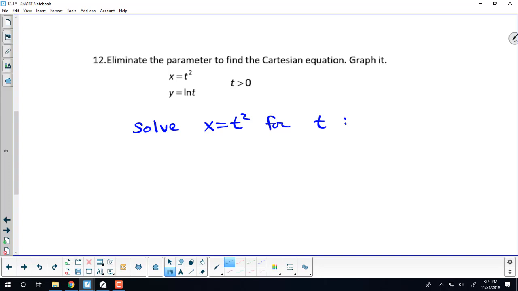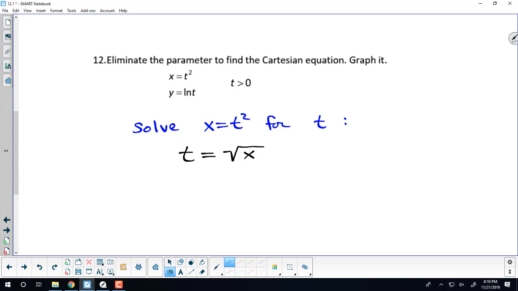So what is t equal to? Square root of x. Yeah, just the square root of x, not the positive and negative square root of x, right? Because t is above 0.